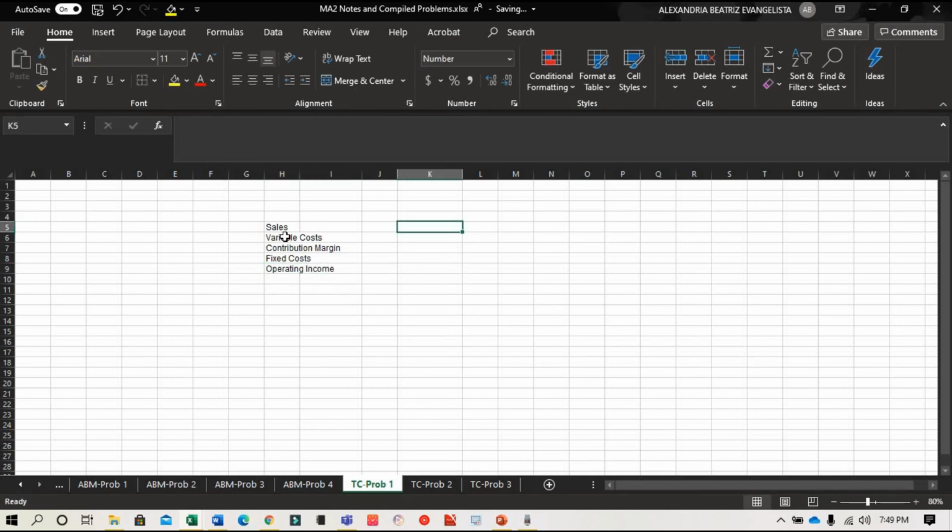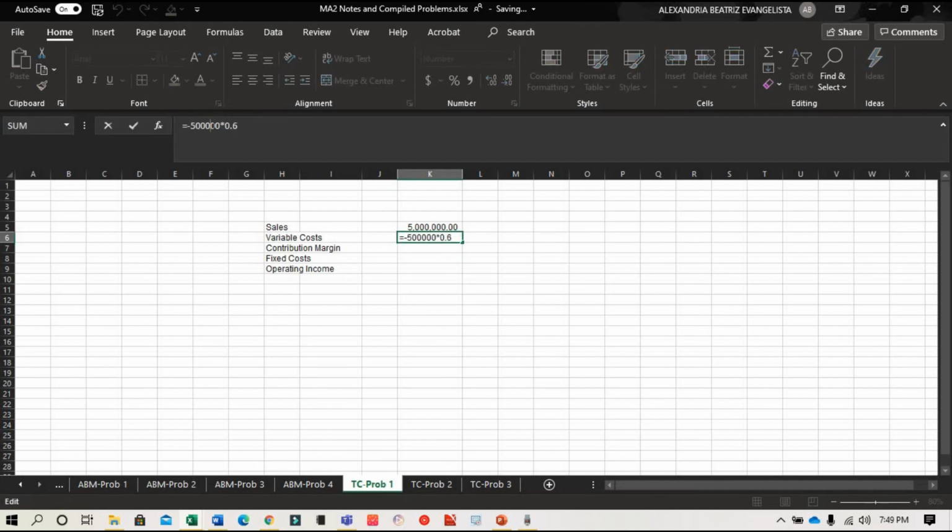So for sales, it is computed as 500,000 units multiplied by 10, which is the selling price, which would give us 5 million. And then for variable cost, that is 500,000 multiplied by 6, which is the variable cost per unit, which would give us 3 million.